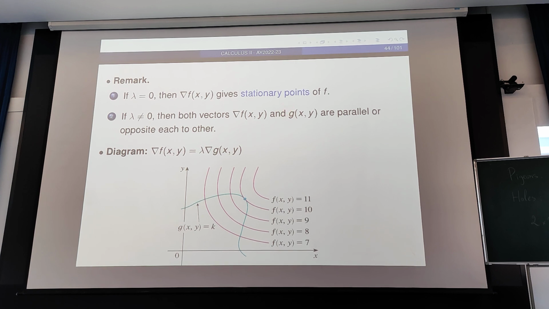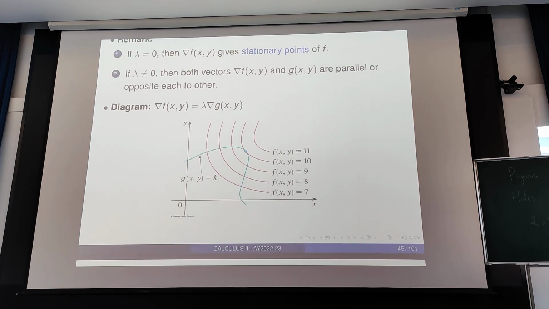So you can see here a diagram describing the case when two gradient vectors are parallel. From the previous lecture, you have learned the orthogonality of the gradient vector to the tangent line or tangent plane of the curve or surface, right?